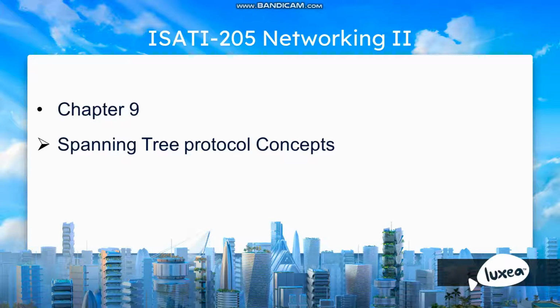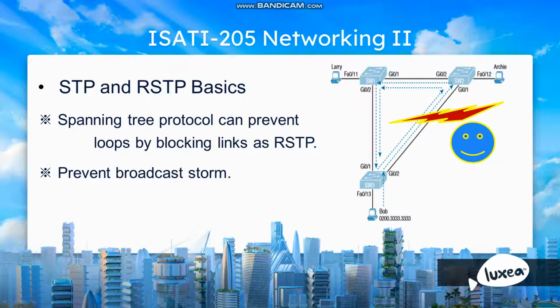Chapter 9, Spanning Tree Protocol Concepts. Let's start the chapter with STP and RSTP basics first. As I mentioned before, STP, Spanning Tree Protocol, can prevent loops by blocking links, as can RSTP. So why do we need spanning tree?